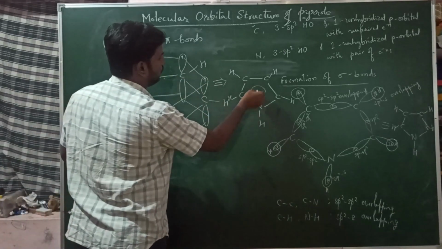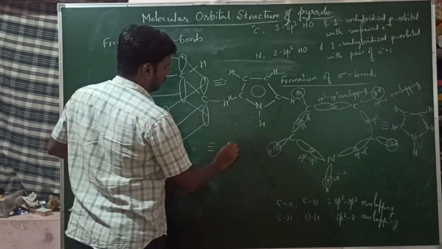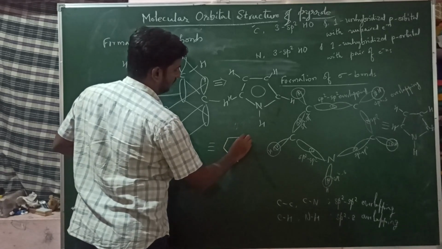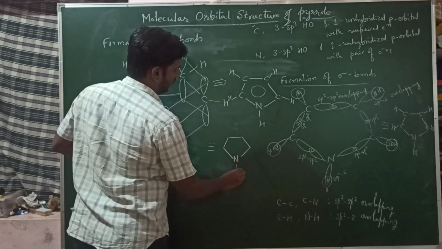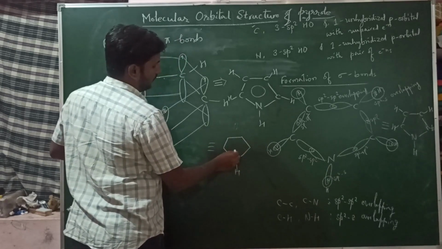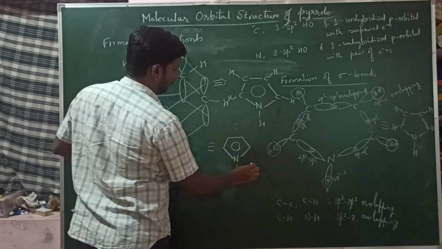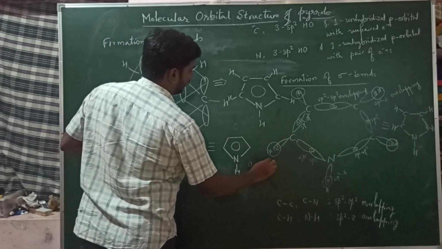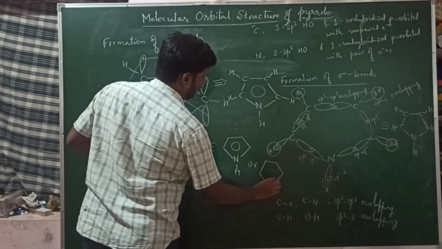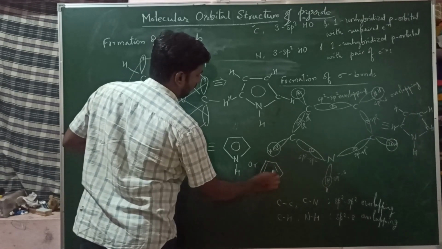So this is also equivalent to the structure of pyrrole. If you do not want to mention the nitrogen, carbon and hydrogen atoms, you can write it like this. Or if you want to mention the pi bonds, there are only 2 pi bonds, and the lone pair is also involved in the pi cloud.